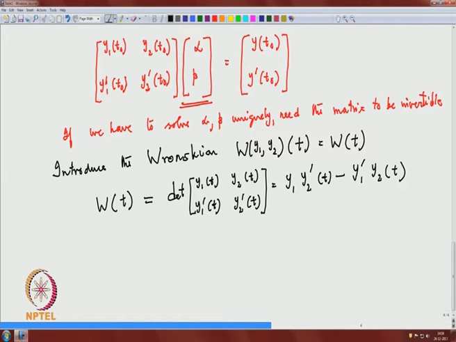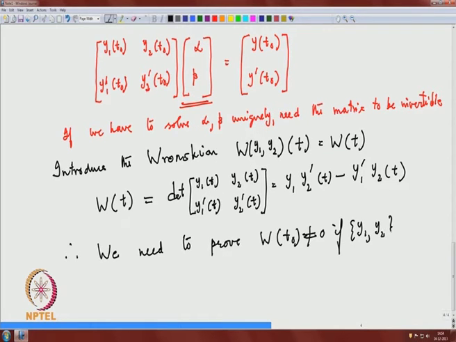So, we need to prove that W at t naught is not equal to 0. What is given to you is that y1 and y2 are independent. Under that assumption, we have not used this assumption yet.